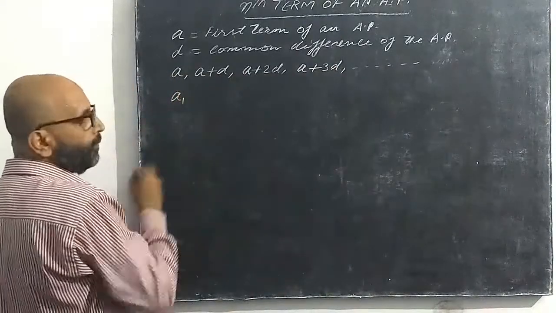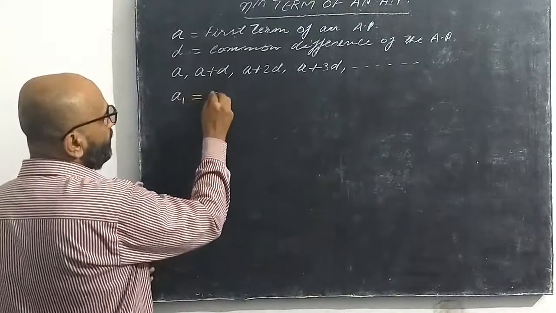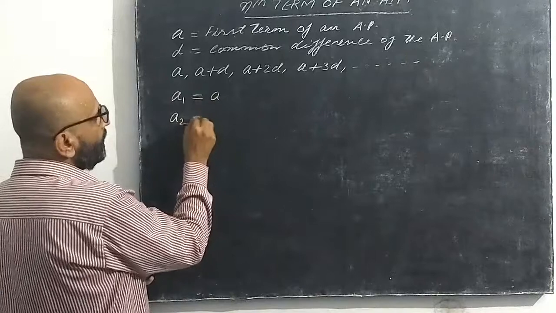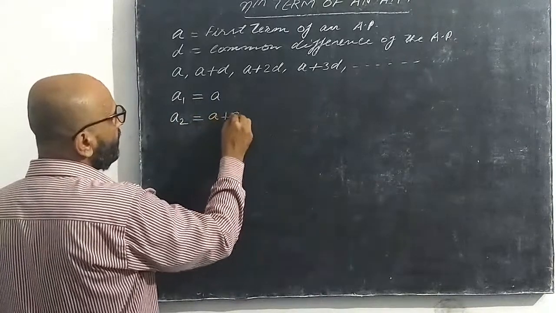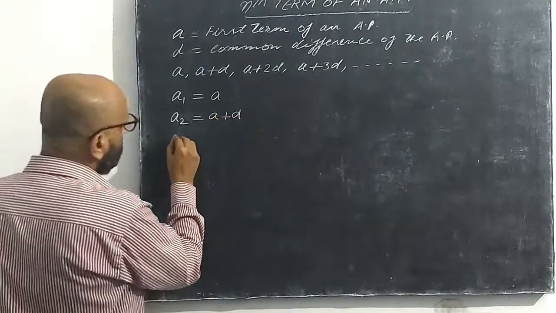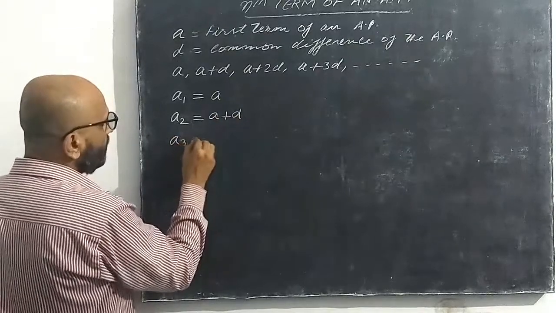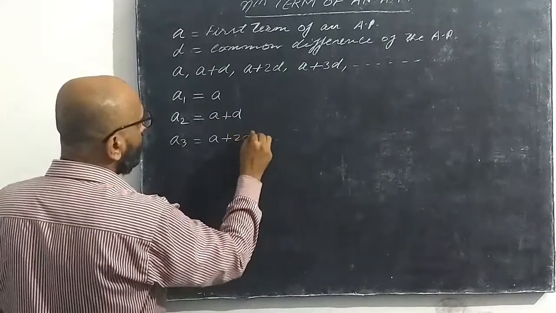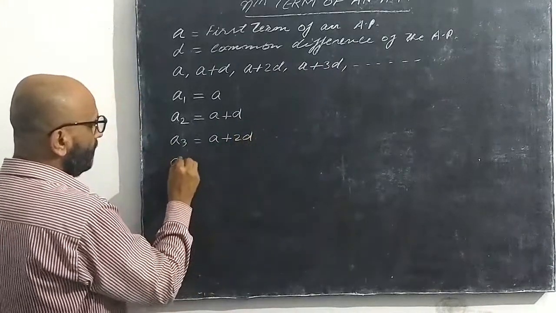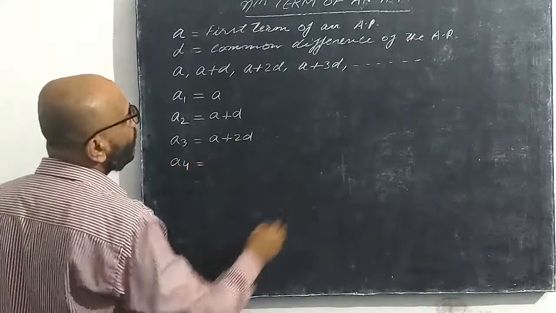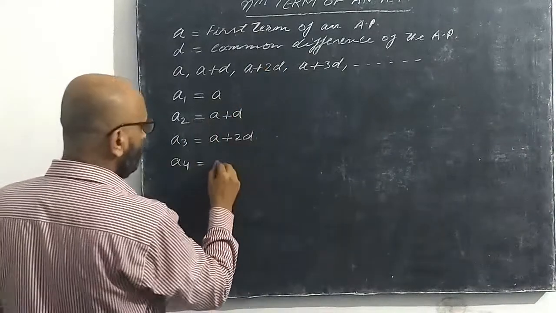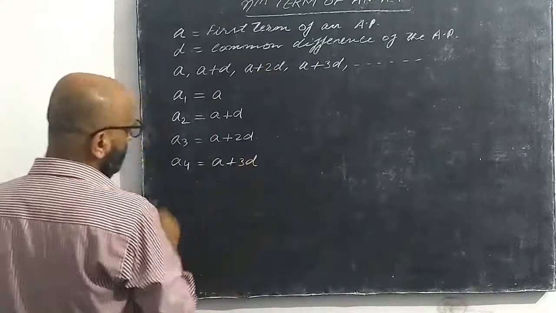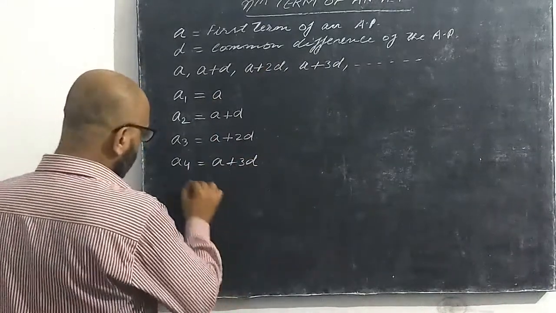If we denote the first term by A1, that is A. The second term A2 is A plus D. The third term A3 is A plus 2D. The fourth term A4 is A plus 3D, and so on.